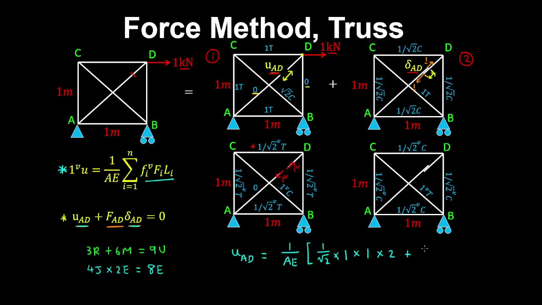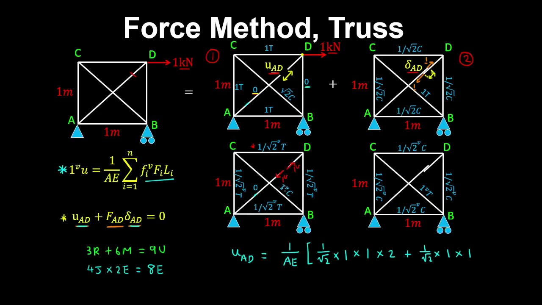And for member AC, we also have 1 on root 2 being the virtual load by the real load of 1 kilonewton by the length of the member. And then the other vertical member is a 0 force member, so we ignore that term. And the diagonal member AD also has a 0 force, so we ignore that also.